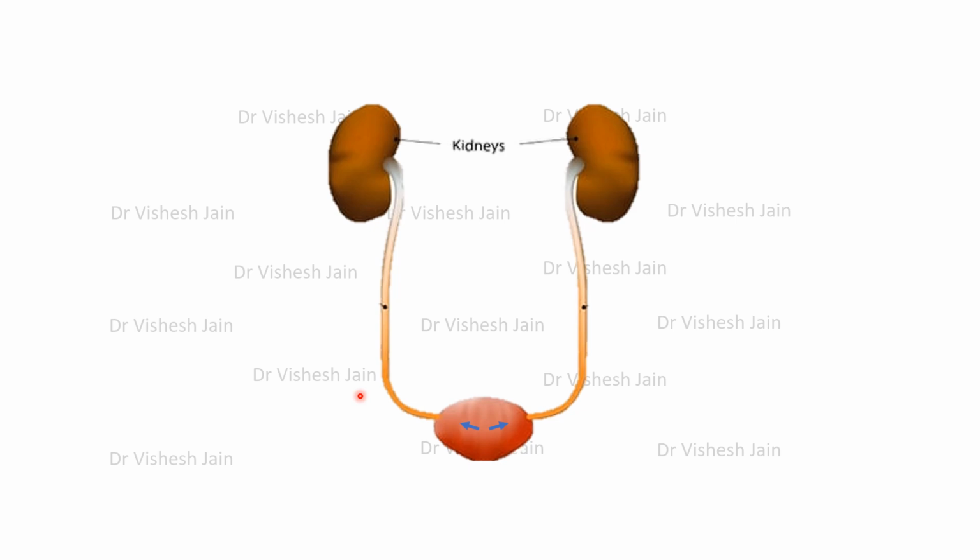So if this valve is not functioning properly, then the urine from the bladder can travel up the ureters and enter the kidney. And when this happens, these ureters start widening and dilating.